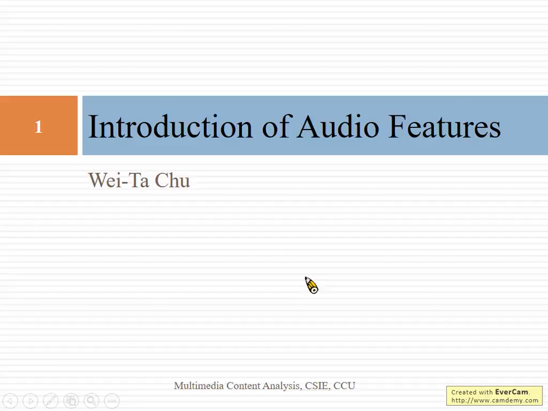The same is true for audio signals. We also need to extract features, maybe based on statistics, maybe based on the shape of the signal, to more efficiently describe the audio signal. That is called audio features.